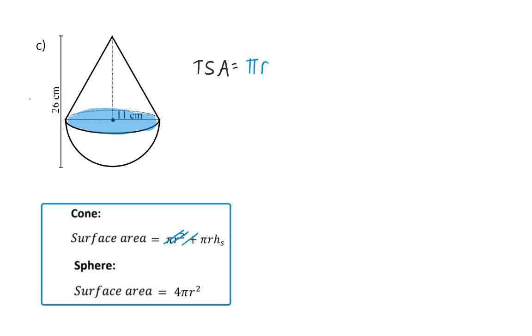That is pi times radius times slant height. To this, we need to add the area of half a sphere. We know that the formula for a complete sphere is 4 pi radius squared, and if we now halve this or divide it by 2, the formula for a hemisphere will be 2 times pi times radius squared.